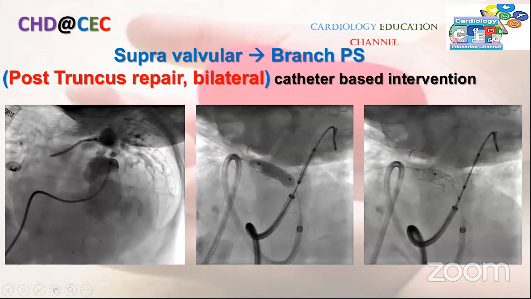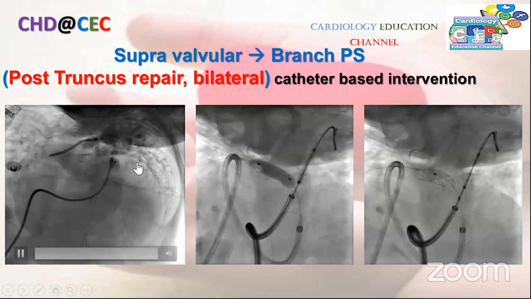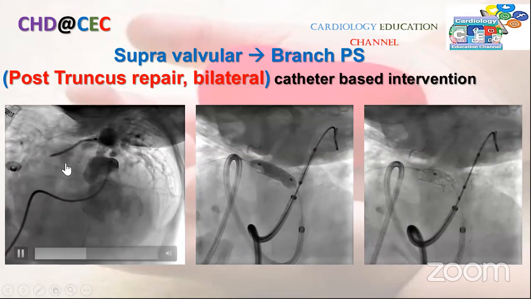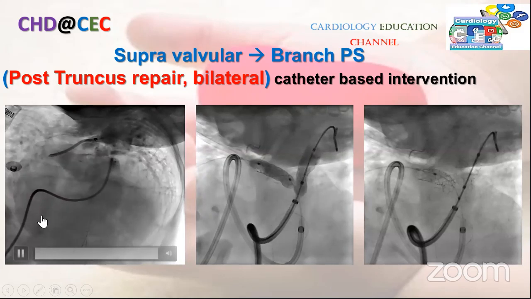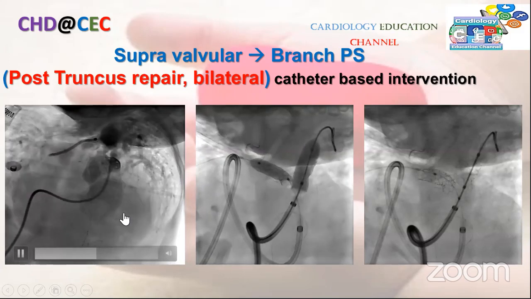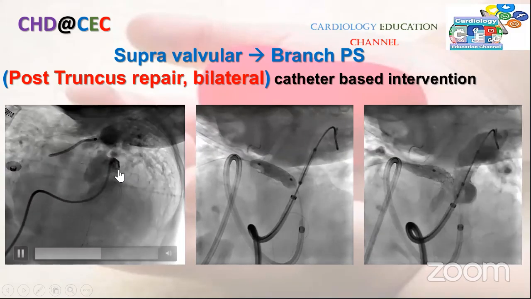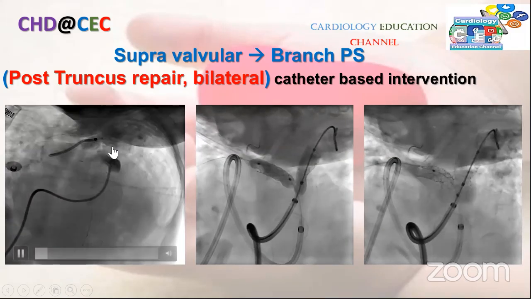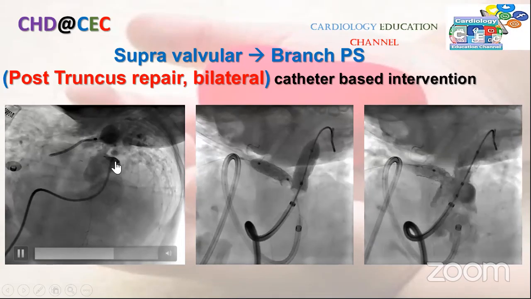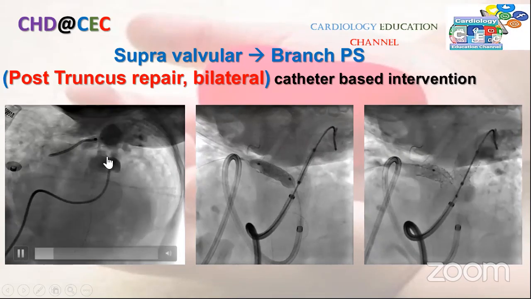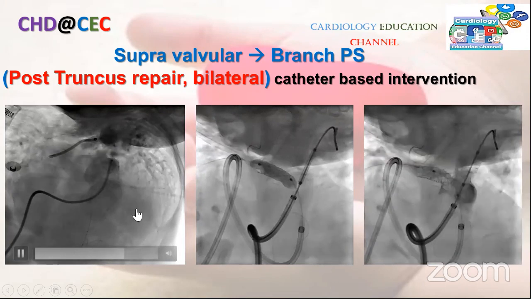Getting the baby to the cath lab, you can see here that the cardiac shadow is markedly dilated with impaired contractility. We can see in this view a Contegra connected to the branch pulmonary arteries, and we can see an origin stenosis of the LPA and the long segment of the RPA.